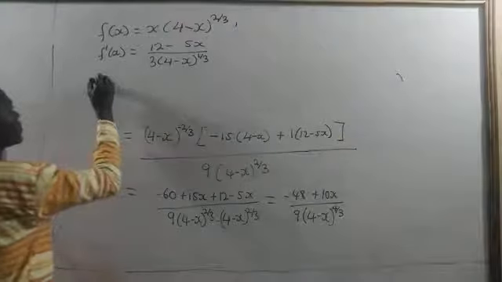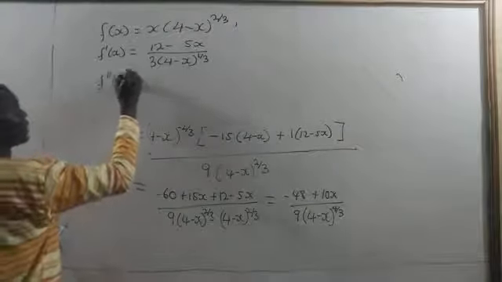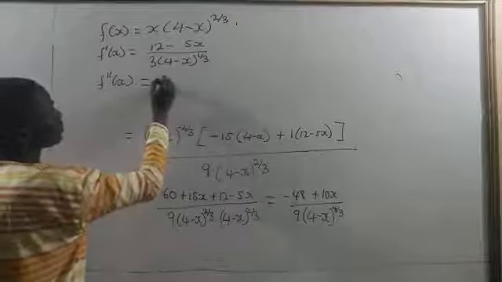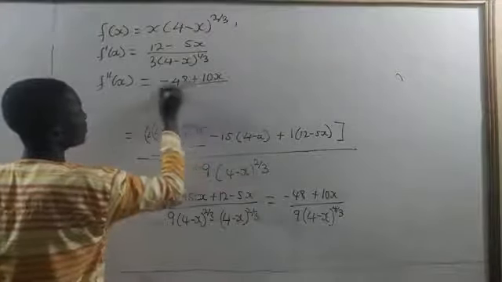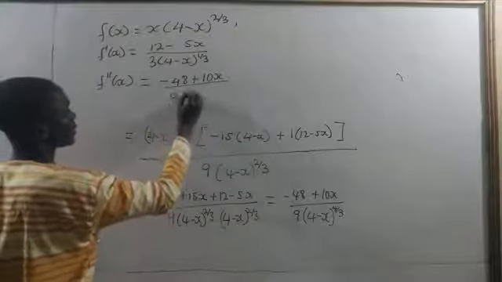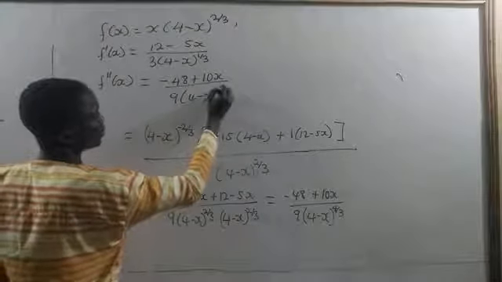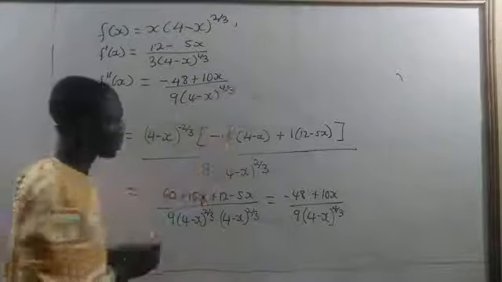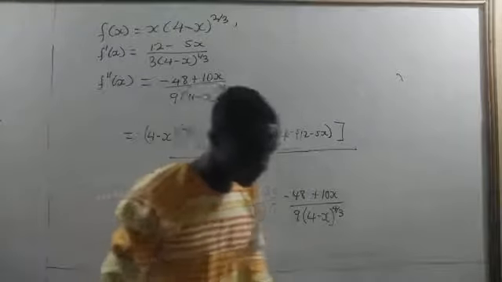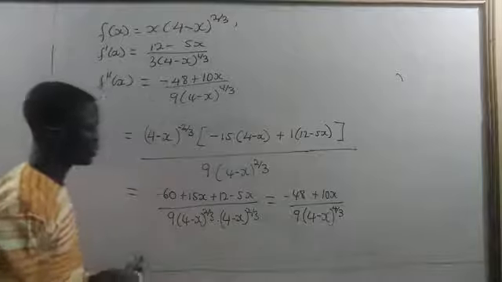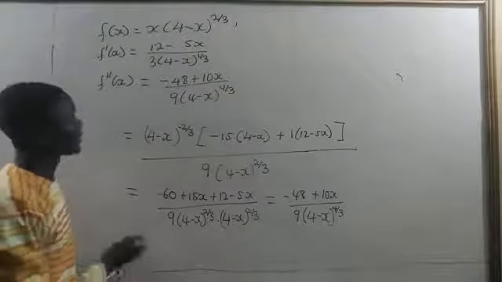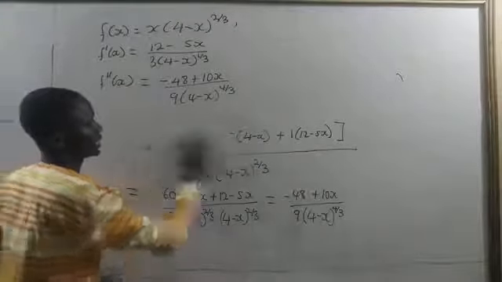That is f prime prime of x equals minus 48 plus 10x all divided by 9 times 4 minus x to the power 4 out of 3. Now, let us see the next step.